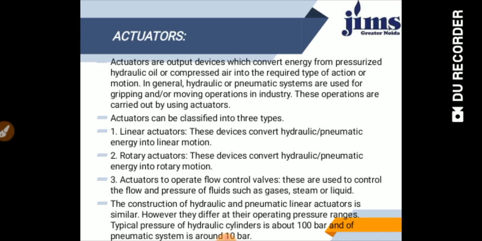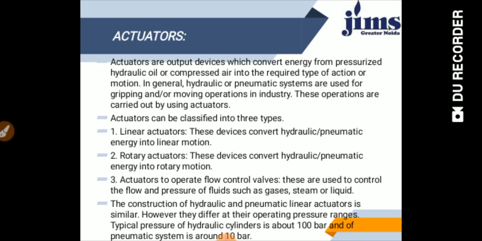First of all, I would like to tell you what actuators are. Actuators are output devices which convert energy from pressurized hydraulic oil, or in the case of pneumatic, compressed air, into the required type of action or motion.